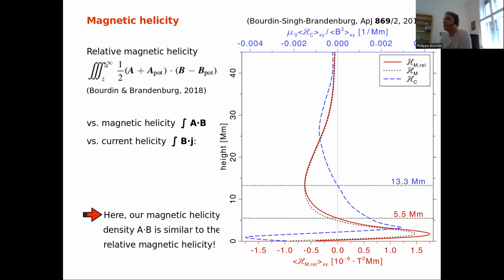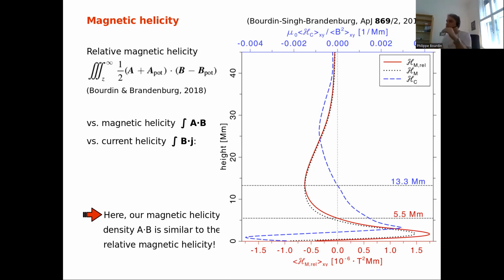You compute the same quantity again. And then you can subtract these two volumes from each other, right? What remains is then the relative helicity in a thin layer, from the photosphere to maybe 1 megameter above.